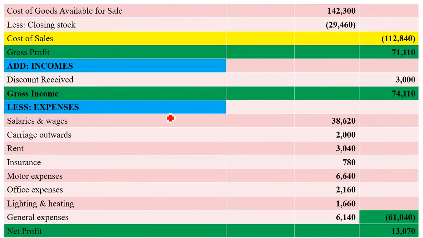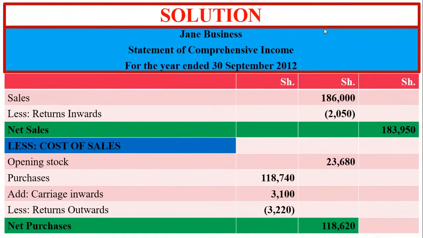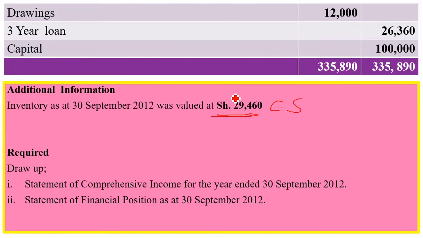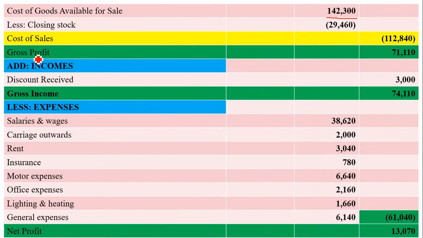So when you add that, you're going to get 142,300, which is the total cost of goods that are available for sale. Then after that, we are going to less the closing stock. We minus the closing stock to know the total cost of sales, and the closing stock is 29,460.